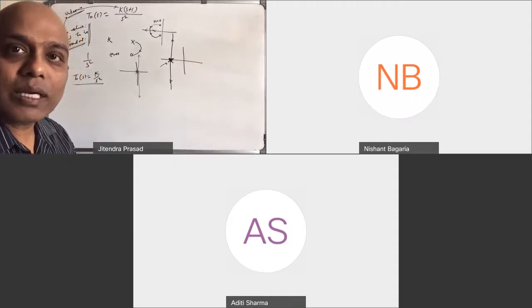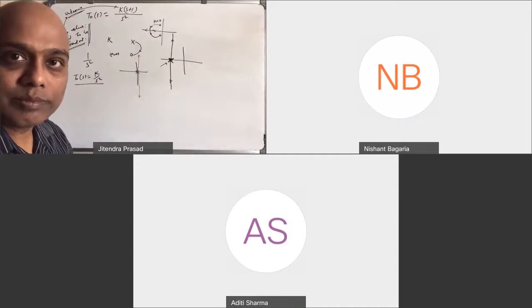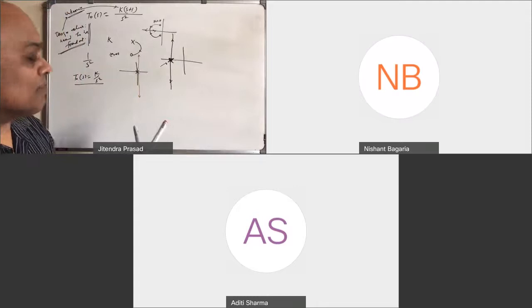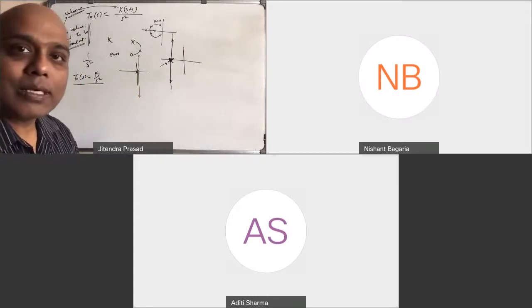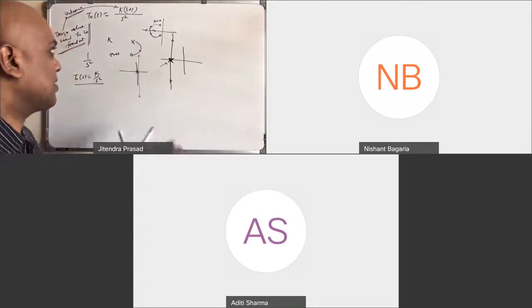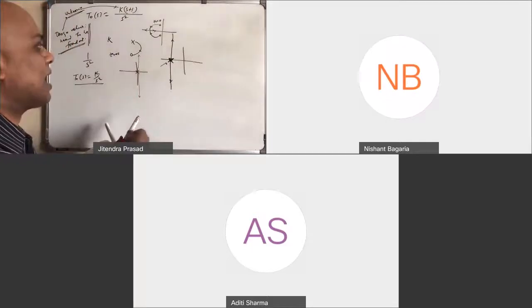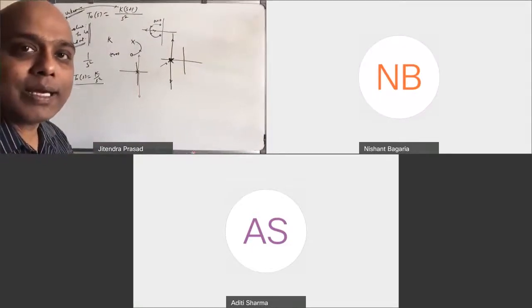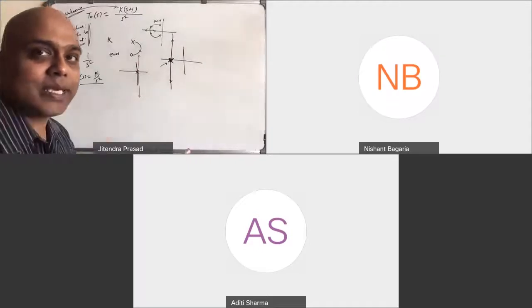How will we make the flow arrow? Flow arrow typically you can make based on how you are changing the K, basically. As I said, you start with the arrow in the direction of increasing k.